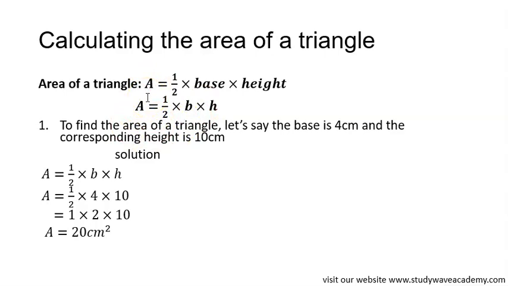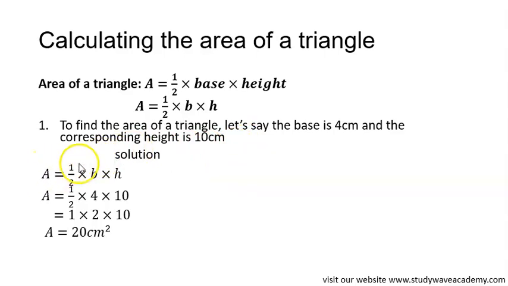So let's look at an example to use this formula, okay? To find the area of a triangle, let's say the base is 4 centimeters and the corresponding height is 10 centimeters. To find the area, we are going to be using our formula.